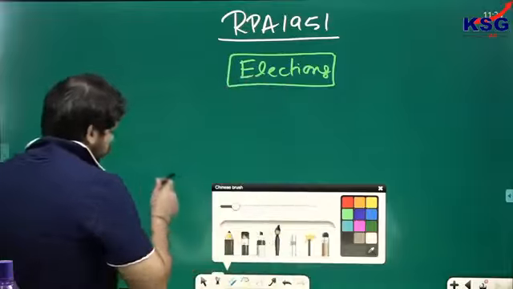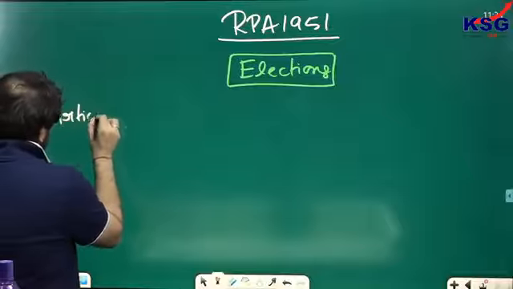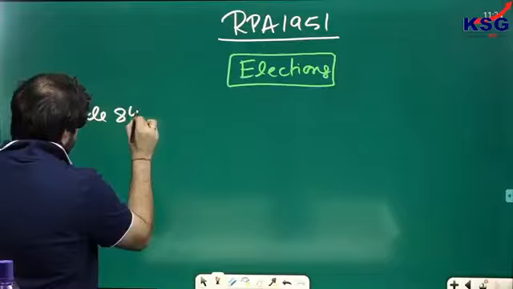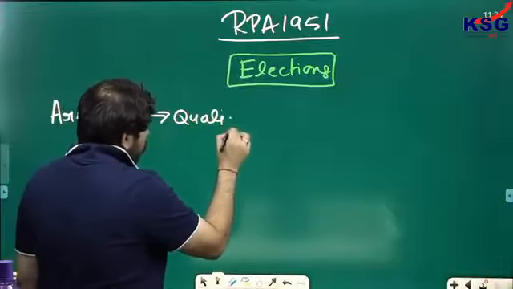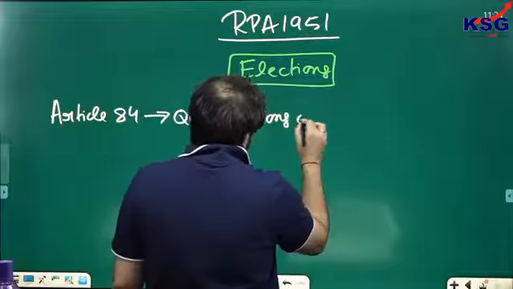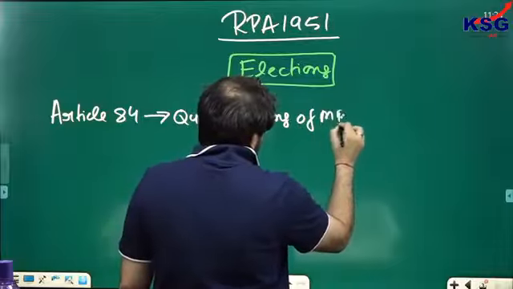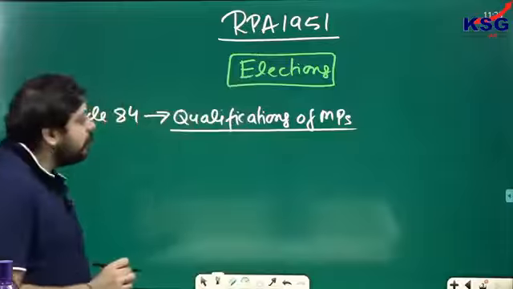We can take a look at, for example, Article 84, which talks about qualifications of MPs. Qualifications for becoming MPs, actually.